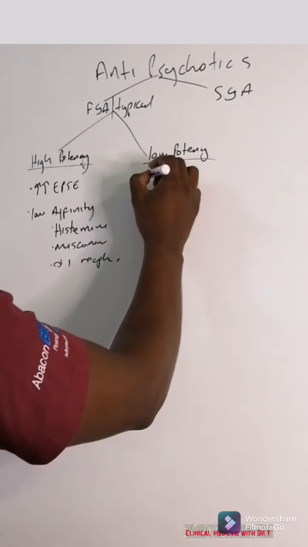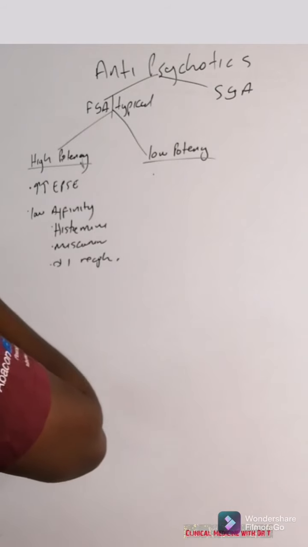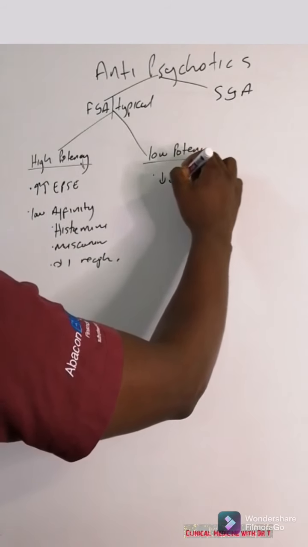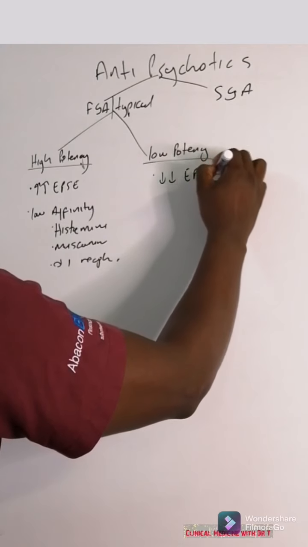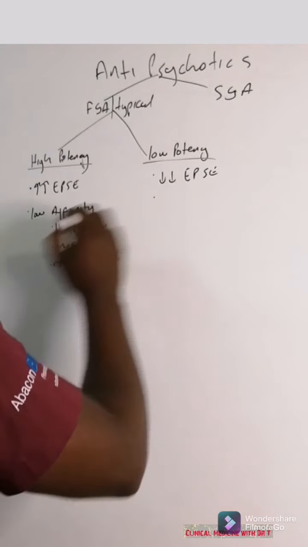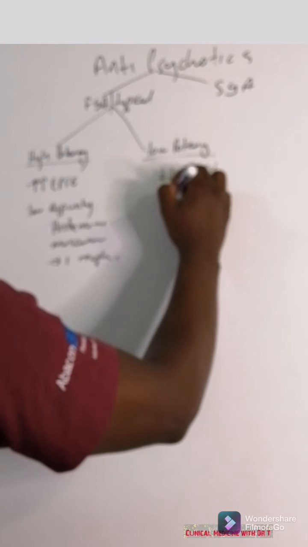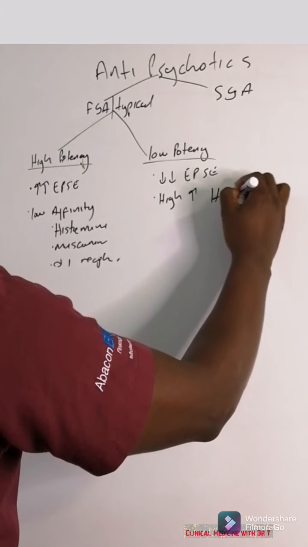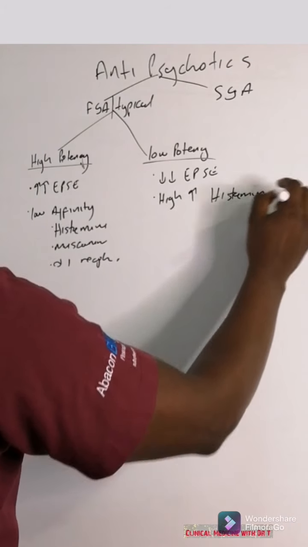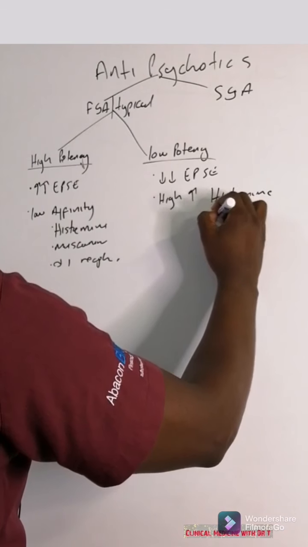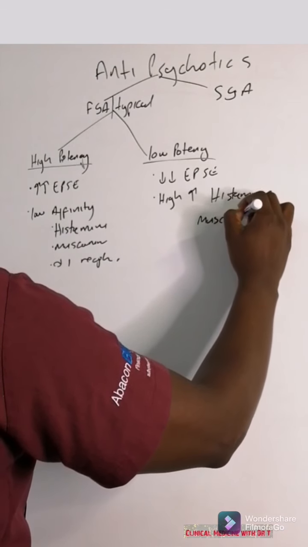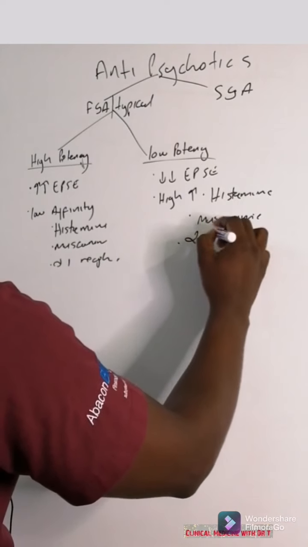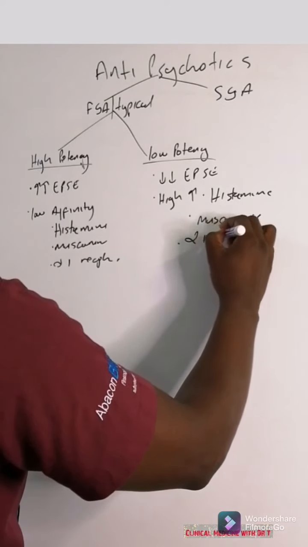And on the other side, with these drugs, their risk of EPSE is reduced, but the issue is that these drugs have got high affinity for histamine, muscarinic, and alpha-1 receptors.